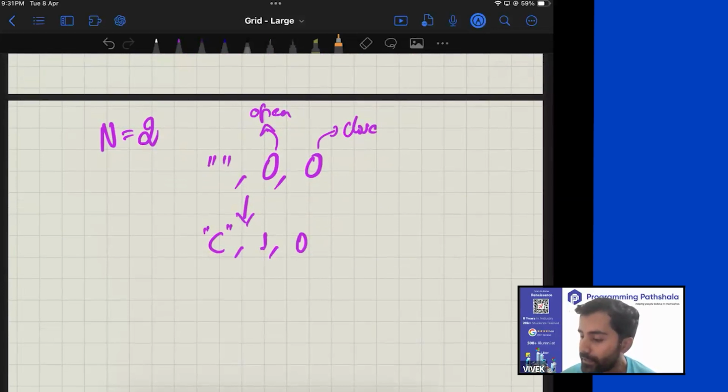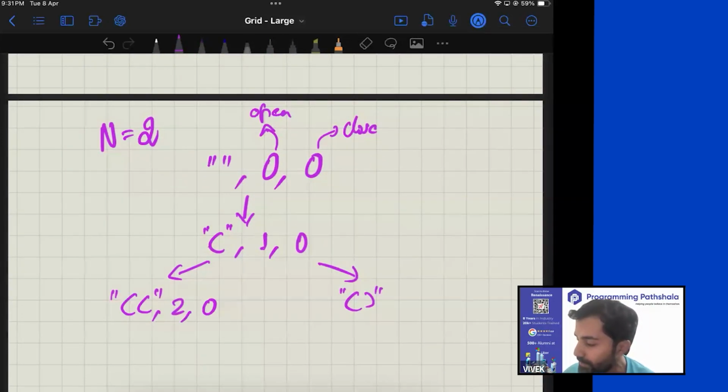So that means you have two choices. The first choice is where you put another opening brace, and the second choice is where you put a closing brace. What will be the value of counts over here? 2, 0. Very good. So whenever you put an opening brace, this count increases. And whenever you put a closing brace, this count increases. So it becomes 1, 1.